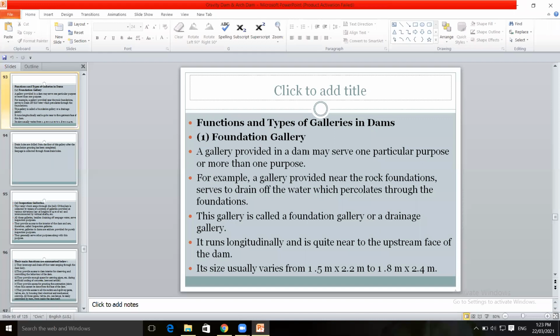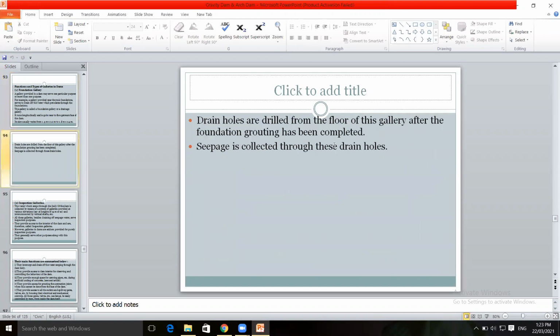The main function of the foundation gallery is to drain off the water which percolates through the foundations. Drain holes are drilled from the floor of this gallery after the foundation grouting has been completed.